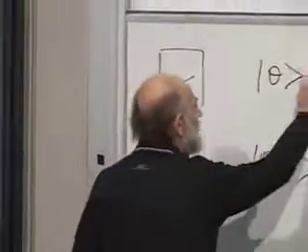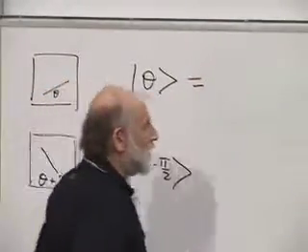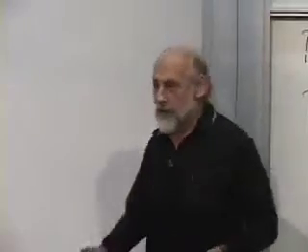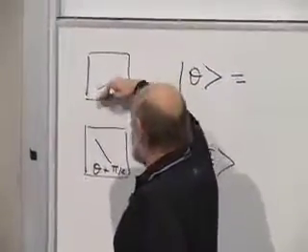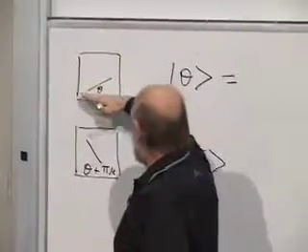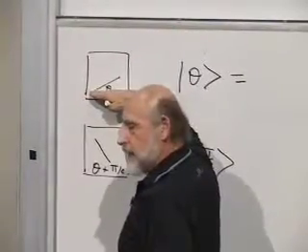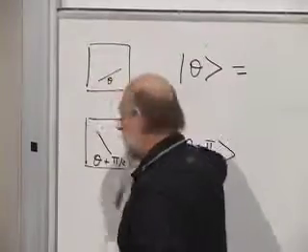Okay, so let me tell you what this is. Now, the justification for this is ultimately experimental, but it makes intuitive sense. We're rotating the horizontal polarization by an angle theta. We started with that polarization in the horizontal, and now we rotate it by angle theta.